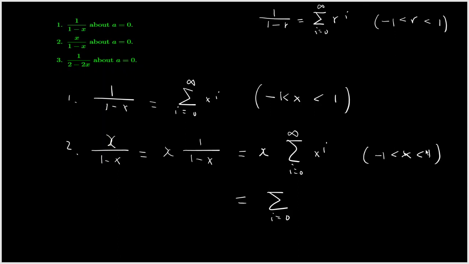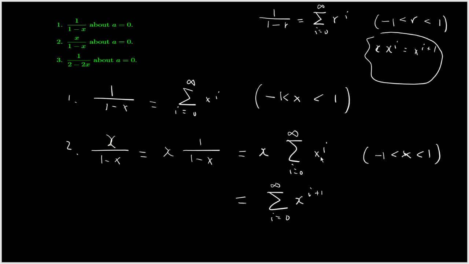The sum from i equals 0 to infinity, and now each term will become x times x to the power of i. Now each term becomes x to the power of i plus 1. Does that make sense? x times x to the power of i is equal to x to the power of i plus 1.